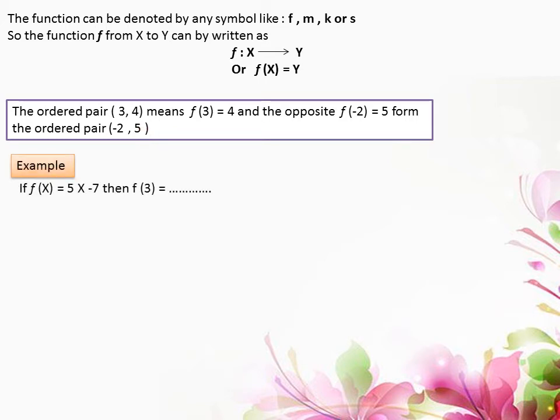Let's see an example. F(X), function F equals 5x minus 7. That is called a function. F(X) = 5x - 7 is a symbolic sentence.